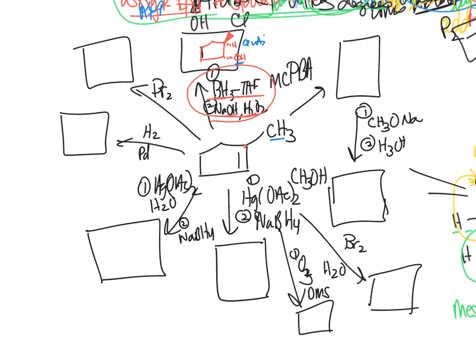MCPBA, that's going to give you the epoxide on one side. What if you react this with sodium methoxide? So epoxide opening, it's basic, so it's going to go the least hindered side. So that's going to give you OCH3, because it's going to come in from the top.